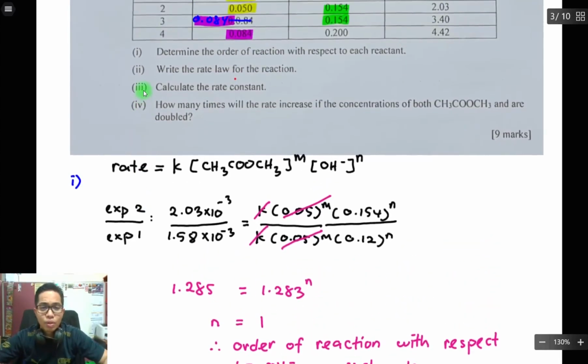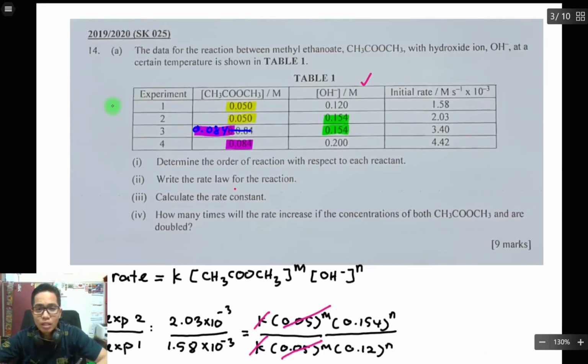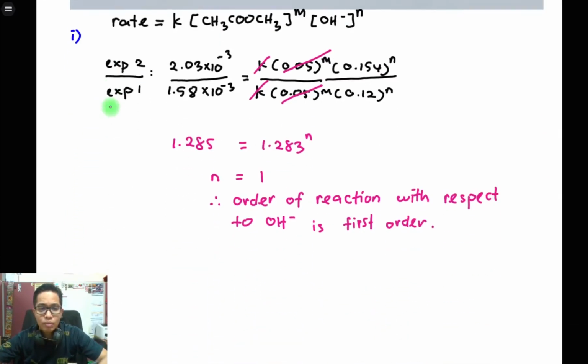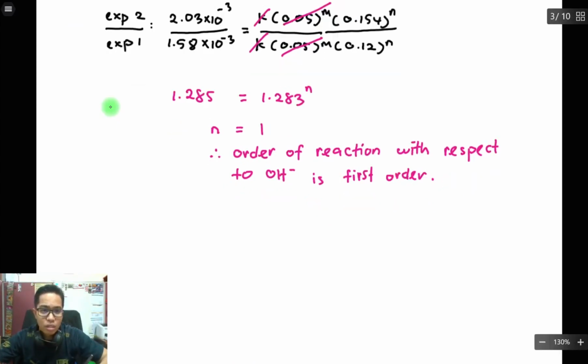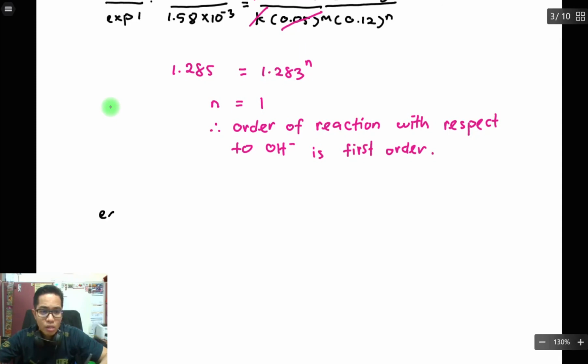Right, OH minus is settled. Now we want to find CH3COOCH3, so we have no other option except experiment 2 and experiment 3. This part I'm going to use experiment 3 divided by experiment 2.